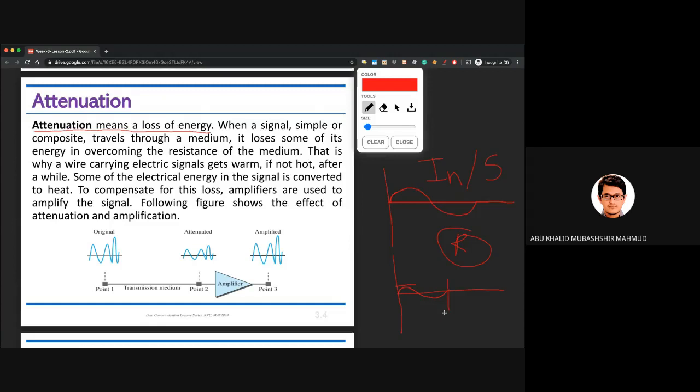So this kind of energy loss, we term it as attenuation.